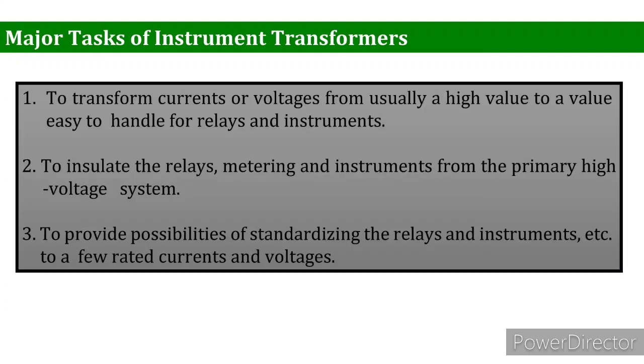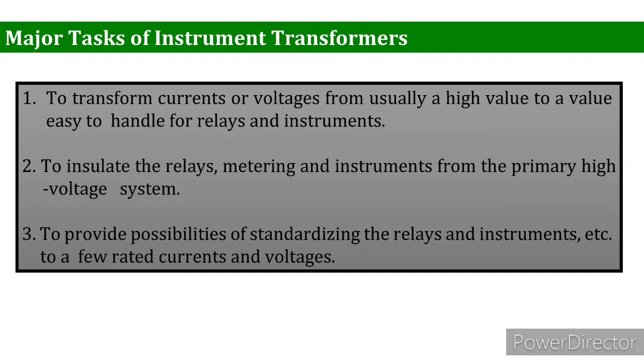As we discussed in the last slides, what are the major tasks of instrument transformers? If we talk about the first three major tasks, the first task is basically to transform current or voltages from usually a high value to a value easy to handle for relays and instruments.